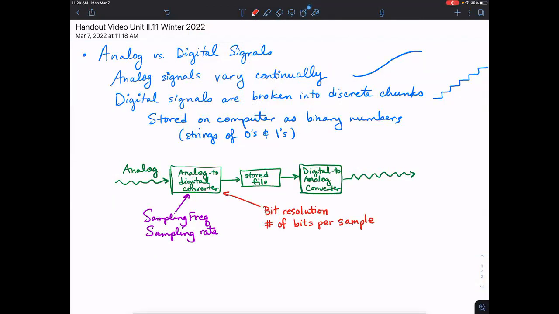Those same numbers also get used when you're reconverting it back. That's how it knows how to break up the wave into these discrete steps, and then how to go back to the continuous wave.